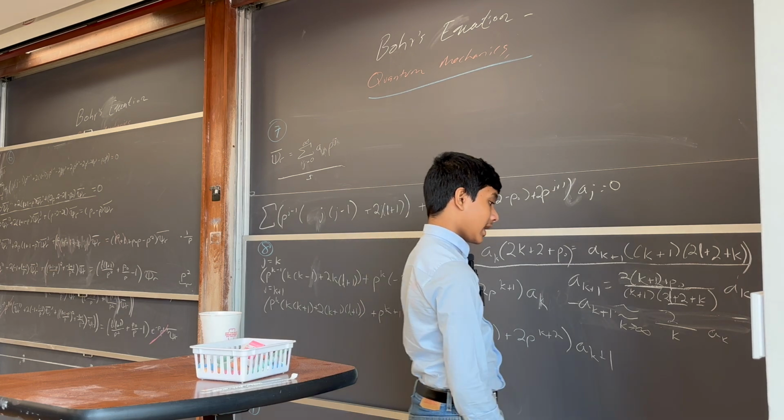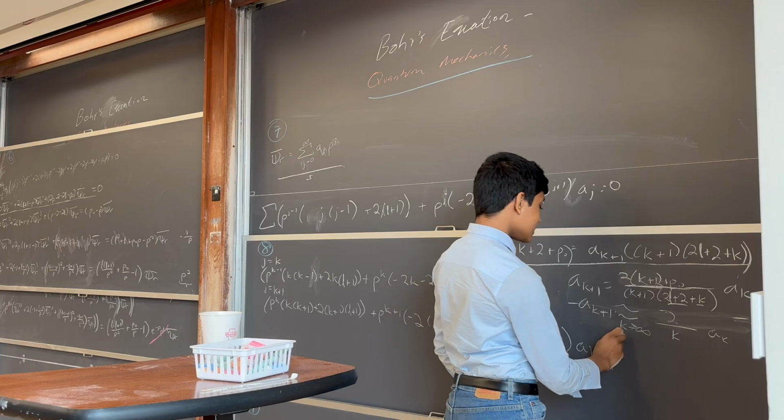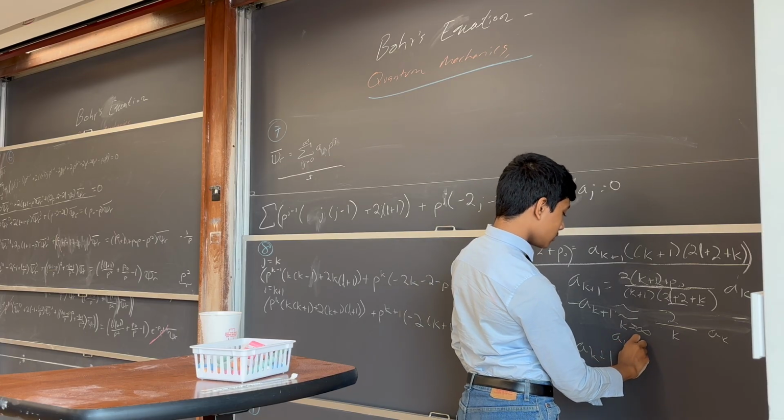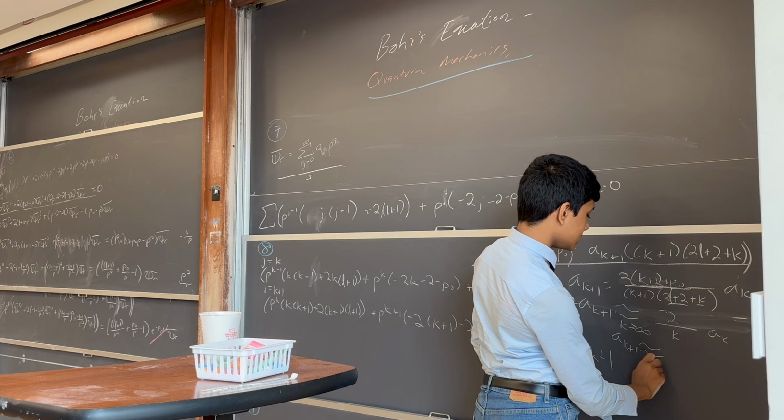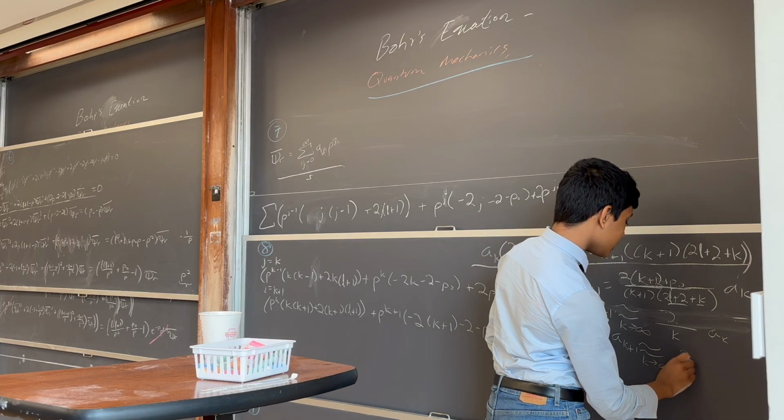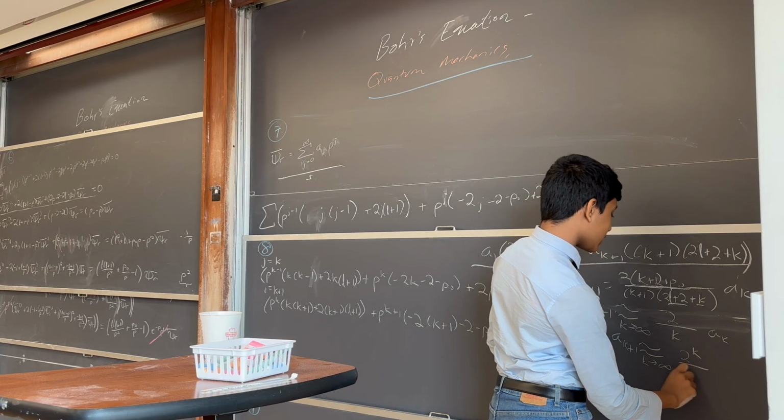But what happens here? Well, that implies that ak plus 1 will approximately be, as k approaches infinity, 2 to the k over k factorial.